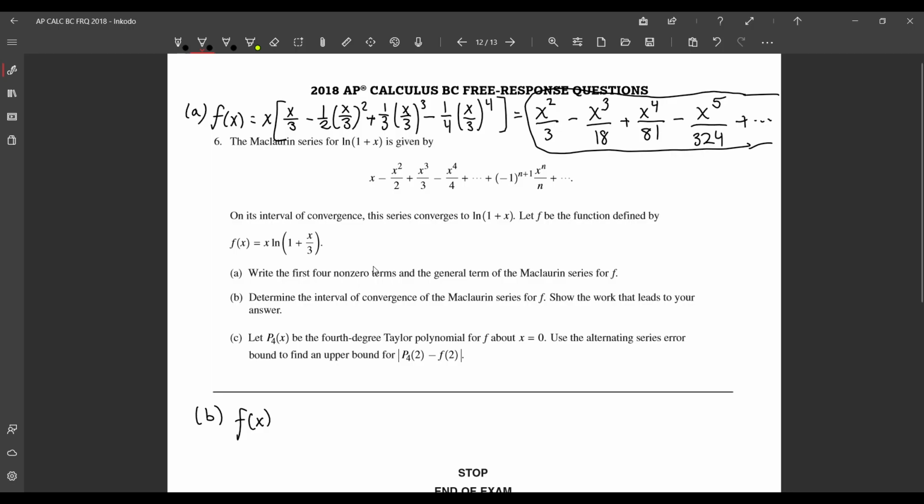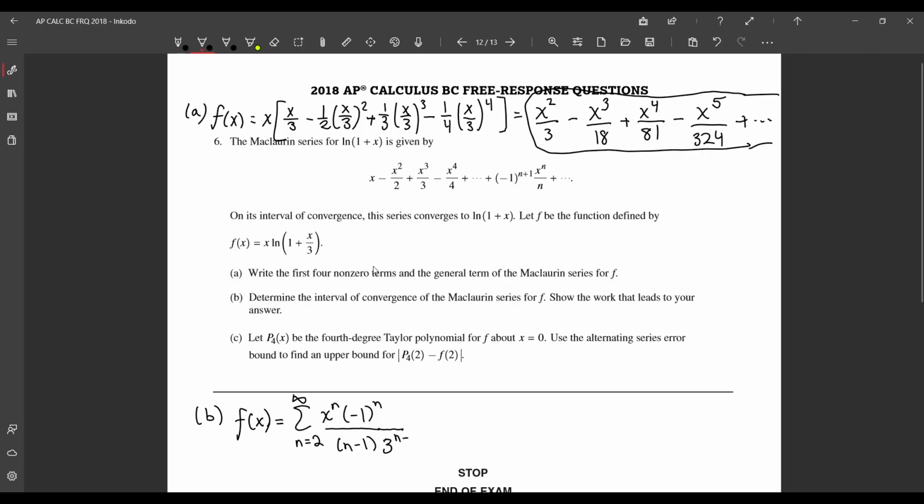So let's just quickly write that f of x is the sum as n goes from 2 to infinity of x to the n, we have -1 to the n, we have n minus 1, and let's put a 3 to the n here.